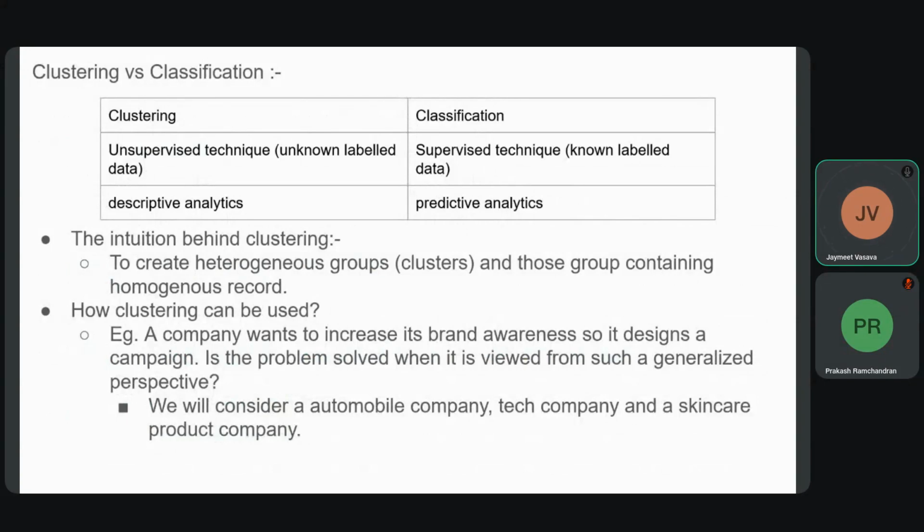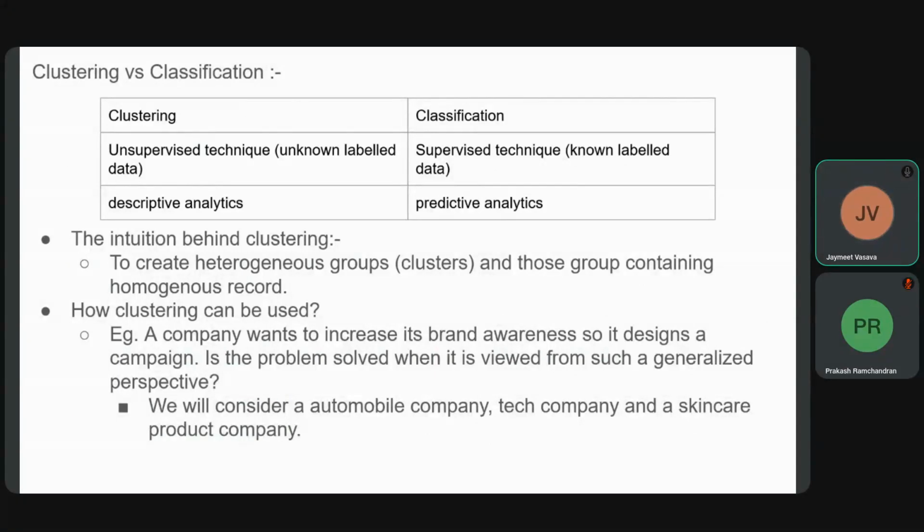Clustering is descriptive analytics, whereas classification is predictive analytics. Descriptive analytics focuses on the past and understanding what has happened, whereas in predictive analytics, we learn from the past data in order to predict the future data.